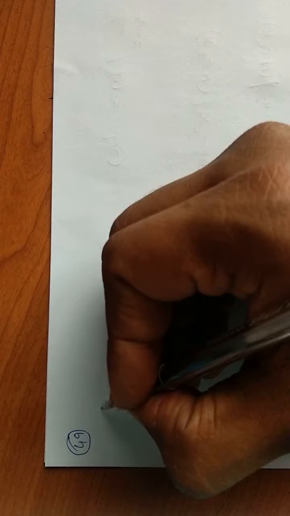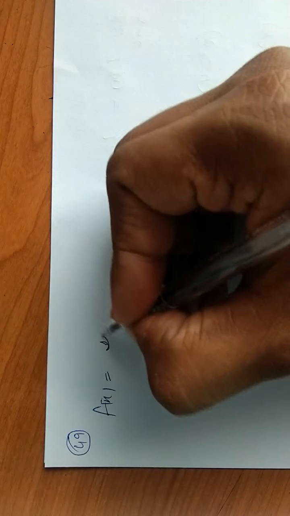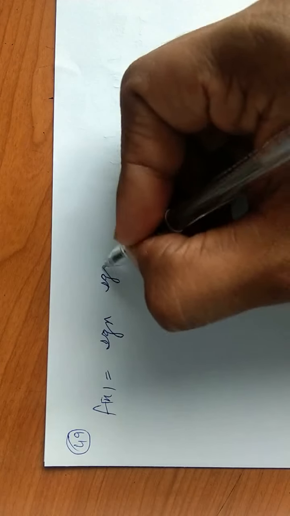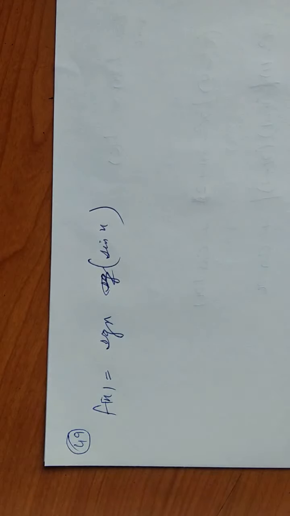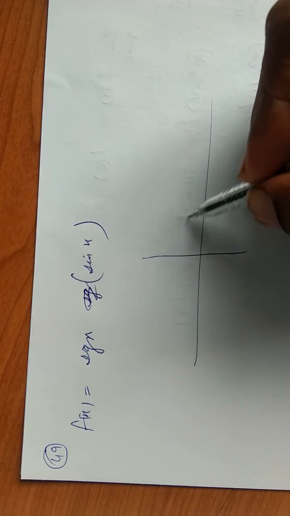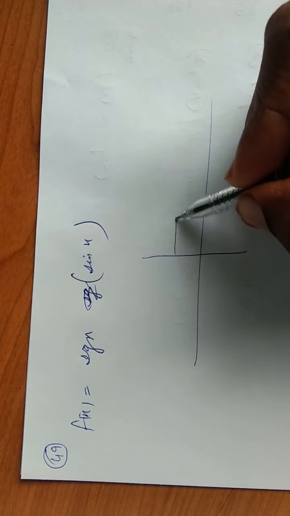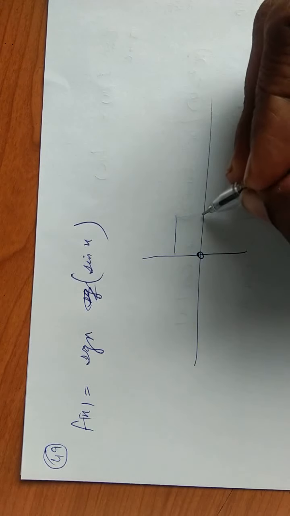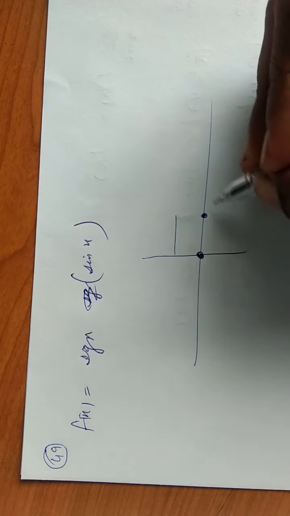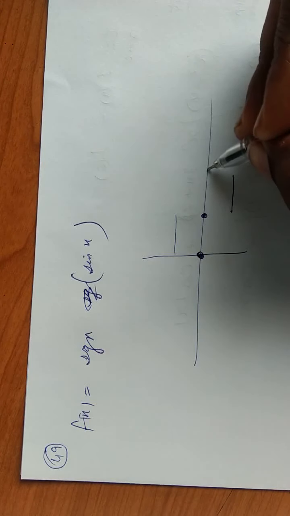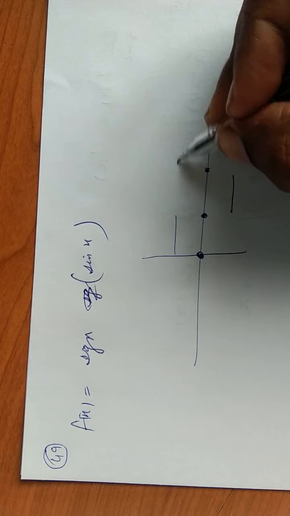So we've been given f(x) is equal to signum of sin x. We just need to draw the graph for this. So sin x is positive over here, this function will be 0 over here, and then there's a discontinuity, and then this.